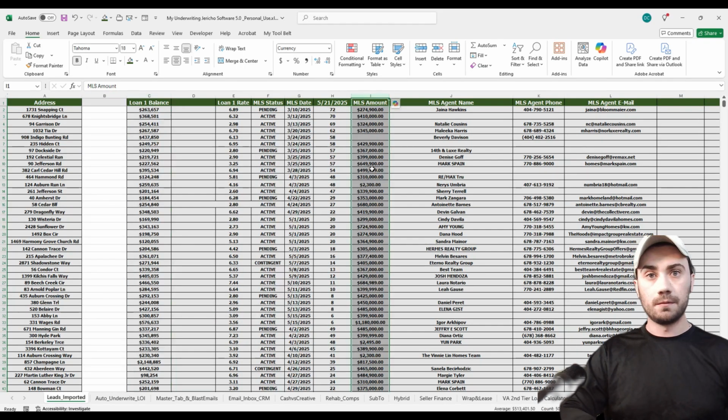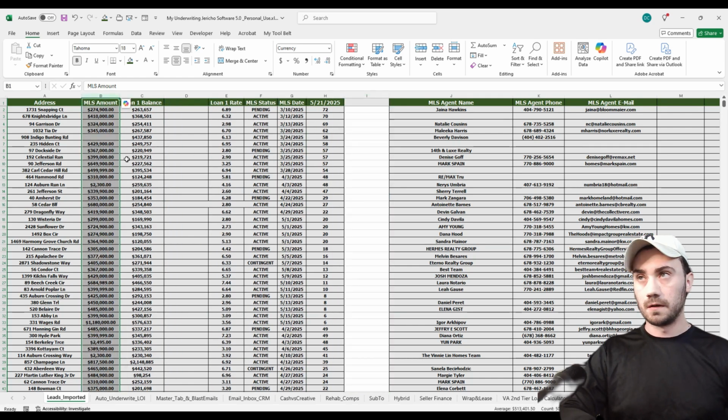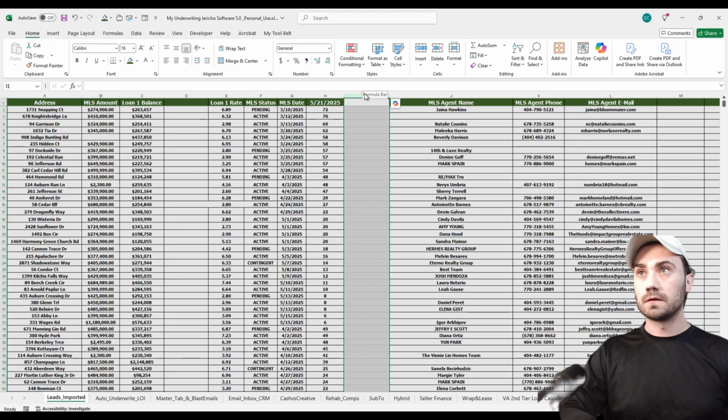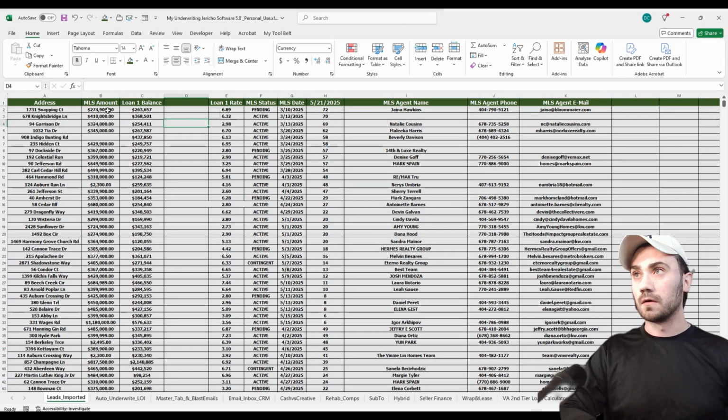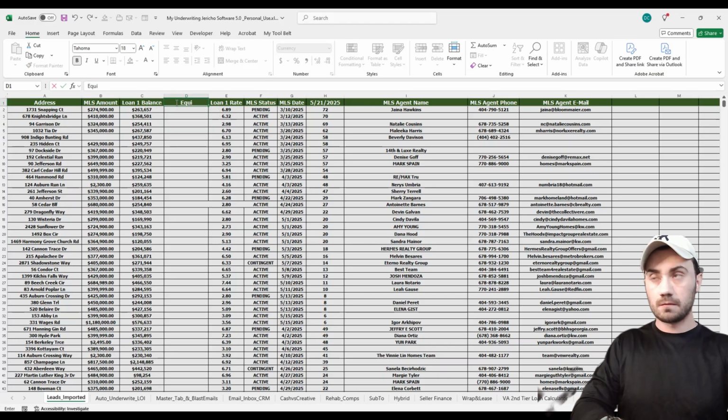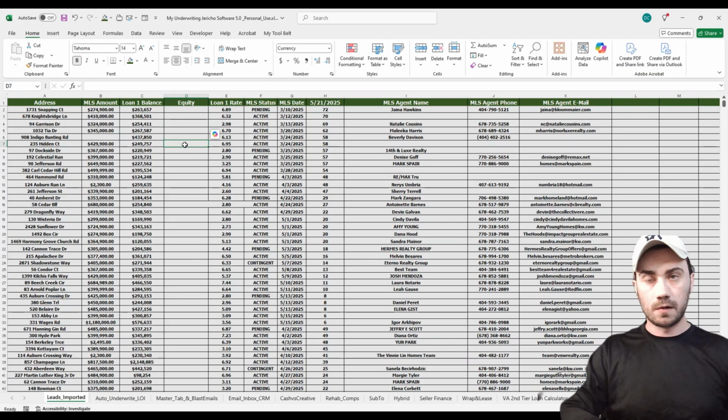I'm going to grab the MLS amount, which is in column I, and drag that column into column B. Now we're going to insert a formula to calculate our equity. We're going to put in Equity here at the top, and it's going to be an estimated amount of equity, which is good enough for our subject to transactions.